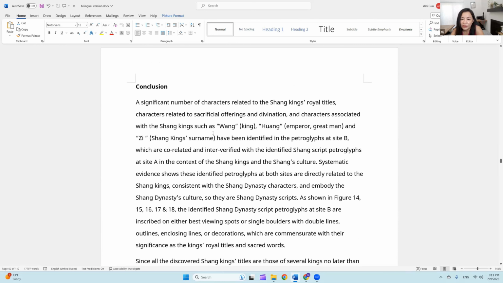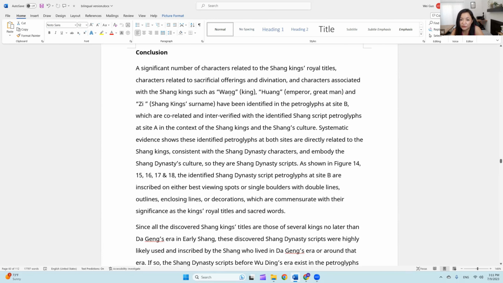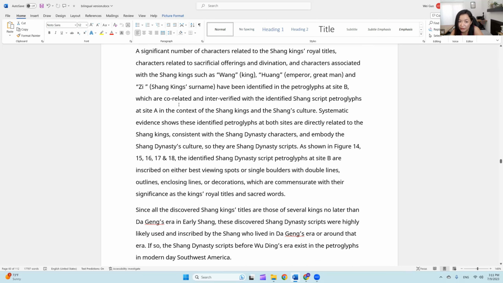Not only the Sun Kings' titles themselves have been discovered, but also characters associated with them, like Wang, King, Emperor, royal, and also their family surnames, have been identified in the petroglyphs at site B, which are correlated and inter-verified with the identified Sanskrit petroglyphs at site A in the context of the Sun Kings and the Sun culture.